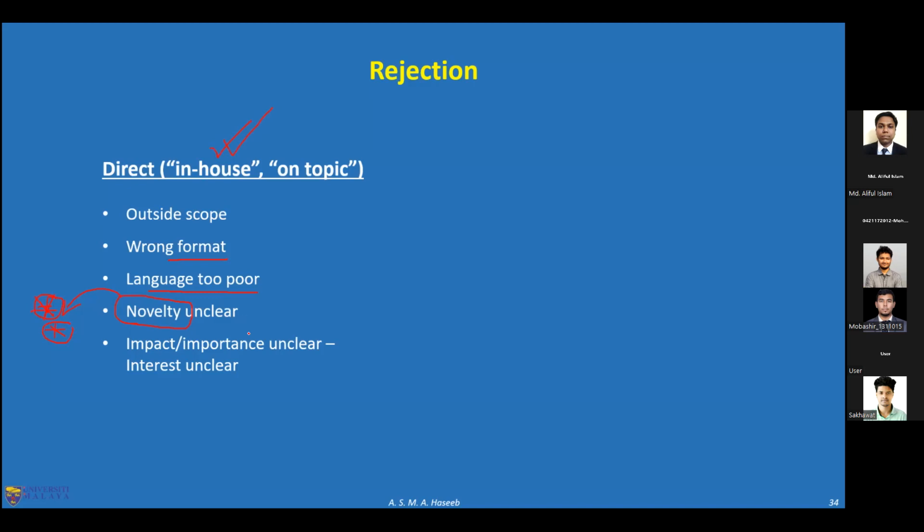So the editor may not even read it, or it can be read by some assistant editor or associate editor and so on. This kind of rejection is common nowadays, and it's very fast. Another point is, if it is not clear what the impact of your paper is. What is the benefit? What is the significance of your paper? If these are not clear enough.